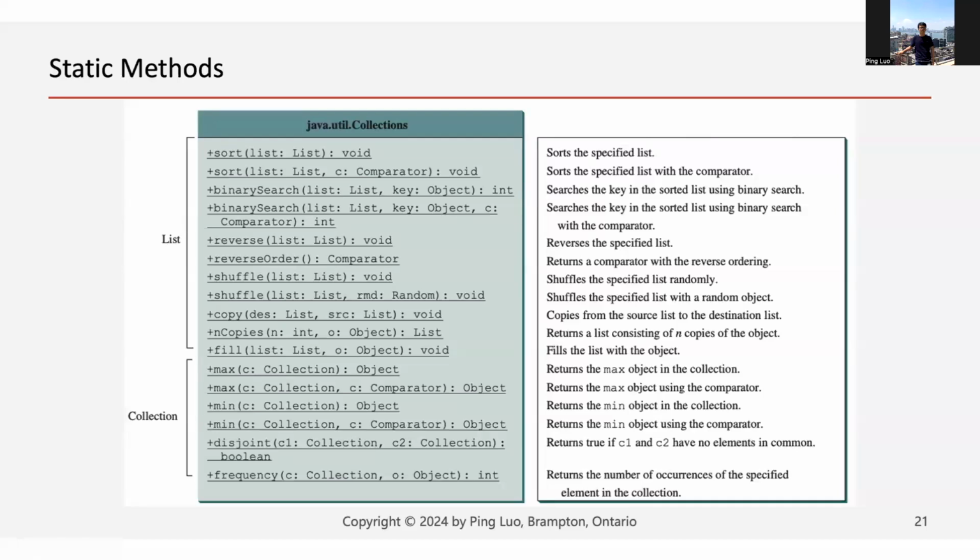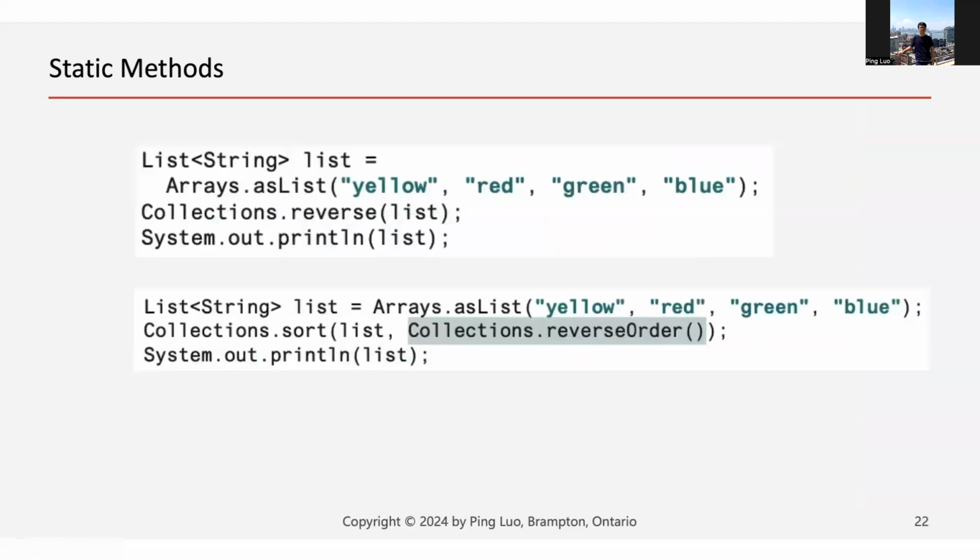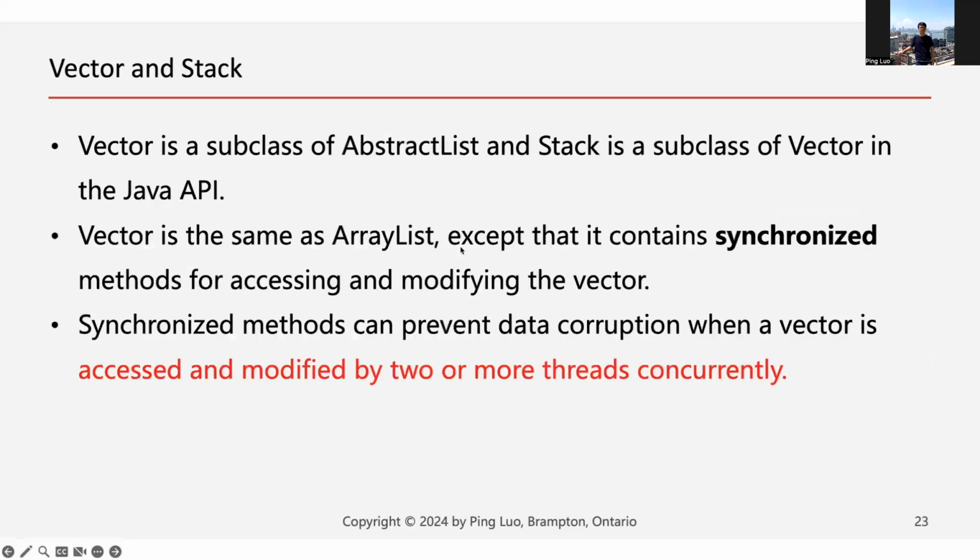These are specifically for list, but some are also okay for stacks and queues. So we can use these methods to reverse or sort a list. Any question about the list?